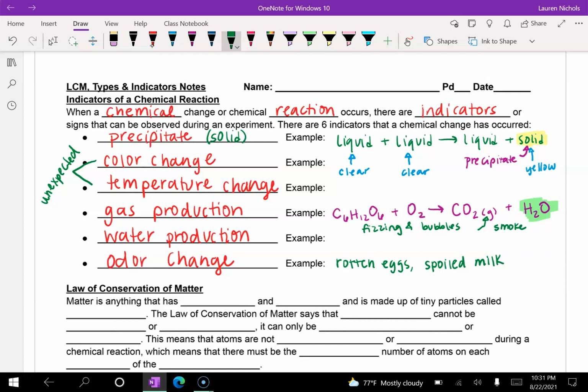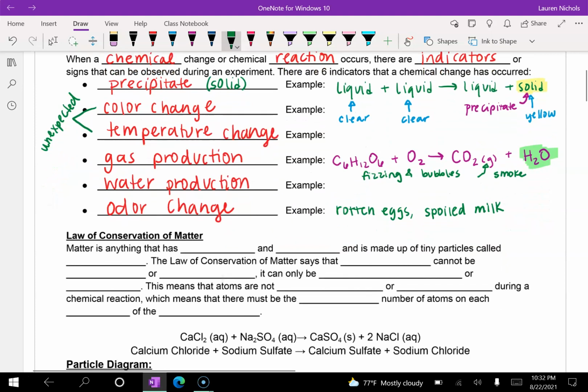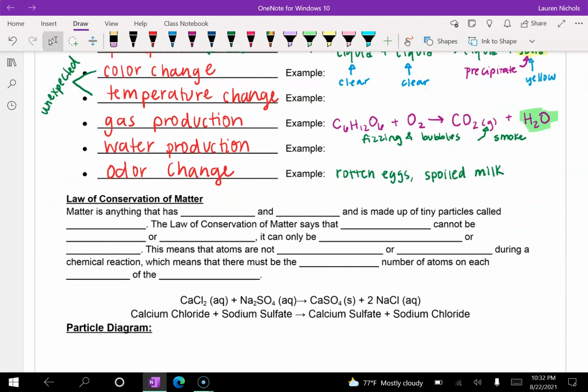And in the case of spoiled milk, that new thing is going to be really gross, and you should really toss out that milk. So these are the 6 indicators of a chemical reaction. And you saw a lot of these in the reaction in a bag lab that we did in class last week. Or if you're one of the virtual students, you saw it in the online lab that you did.